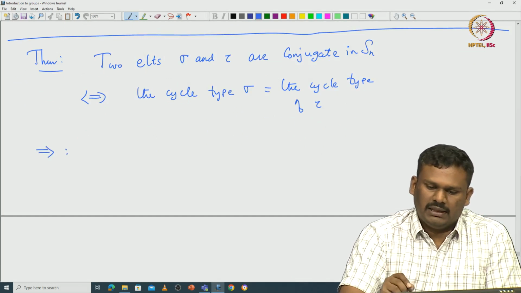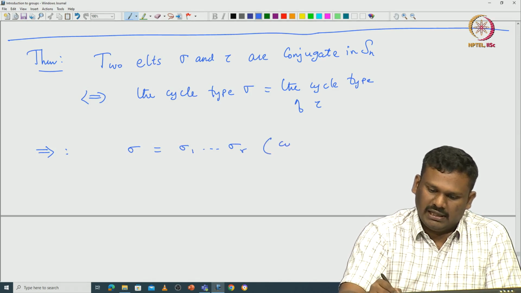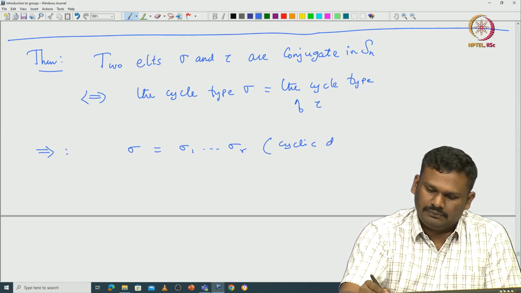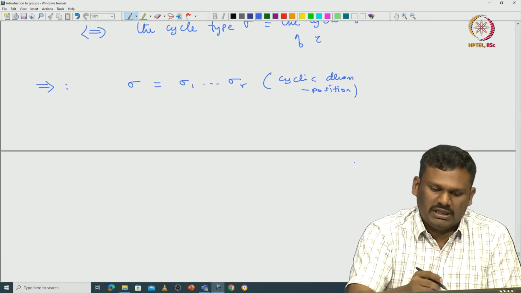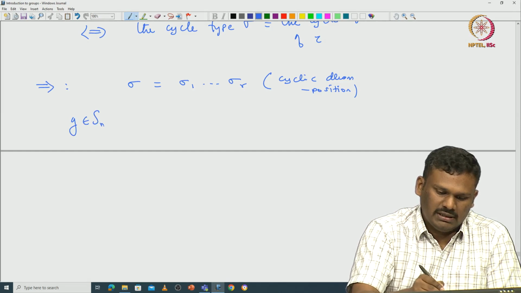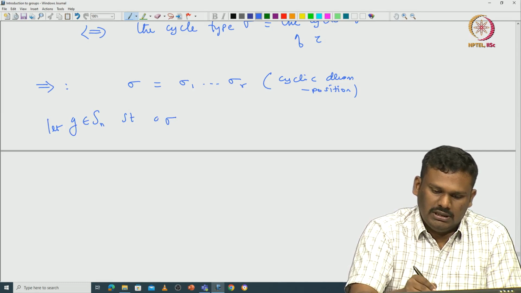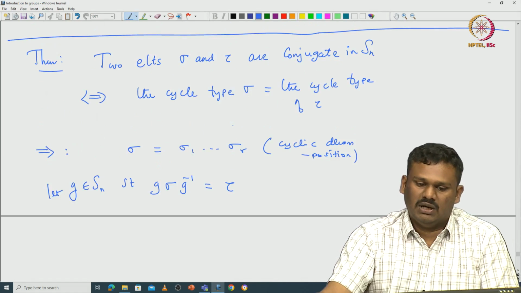If you assume that they are conjugate, then what happens? You write sigma as sigma_1 through sigma_r. This is the cyclic decomposition of sigma. Then what happens if you conjugate sigma by g? Let us say there exists g in S_n such that g sigma g inverse is equal to tau, because we assume that sigma and tau are conjugate.